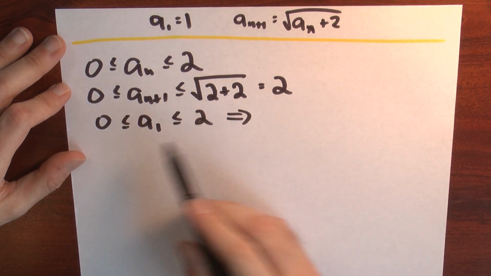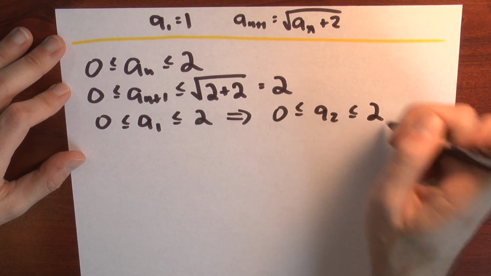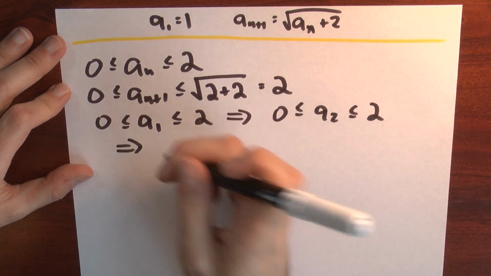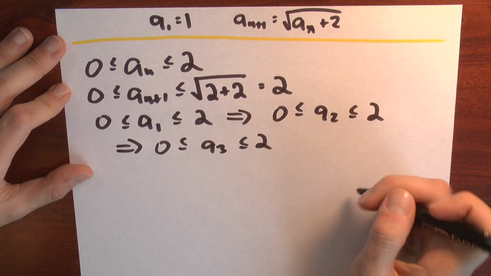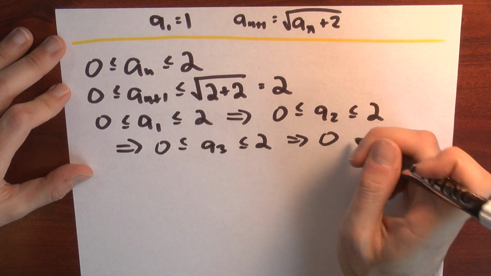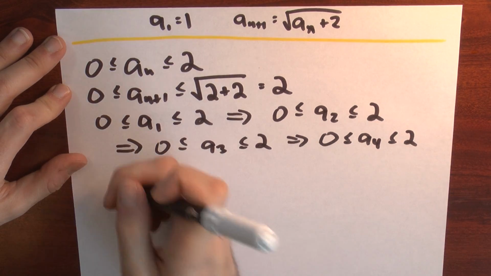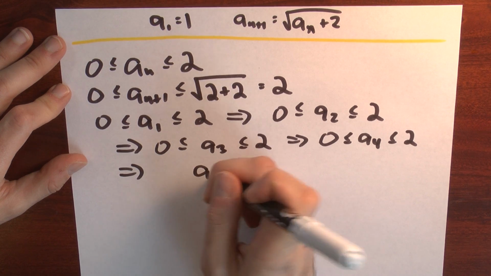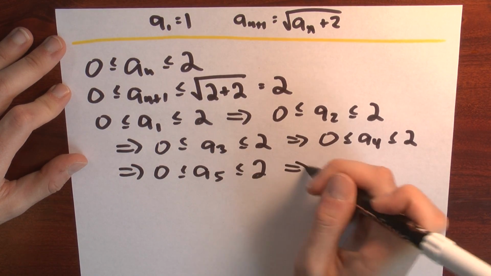And that means that the next term must also be between 0 and 2. And that means that the next term, a sub 3, must be between 0 and 2. And that means that the next term, which is a sub 4, must be between 0 and 2. That means that the next term, which is a sub 5, must be between 0 and 2, and so on.